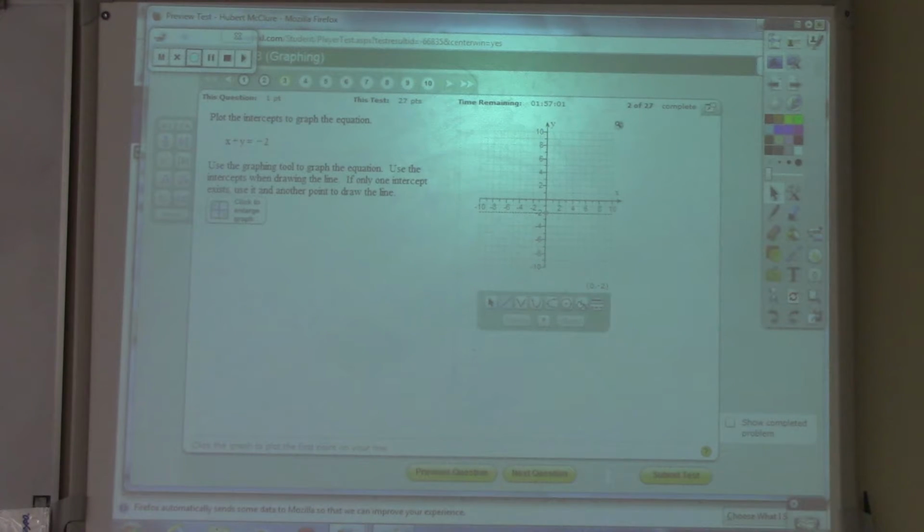That does not count as a yes or no. All right, y is equal to 0. If y is equal to 0, that's your x-intercept. So if y is equal to 0, you get x is equal to negative what? -2. That's right, class. There you go. Next question.